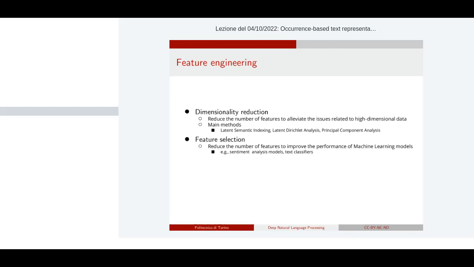Typically, dimensionality reduction is not necessarily addressed to a supervised problem. Like, I have 100 features, I need to reduce the number of features in order to improve the accuracy of my classification model, because the classifier, the network, is overfitting. The dataset is too sparse in order to achieve good classification performance.